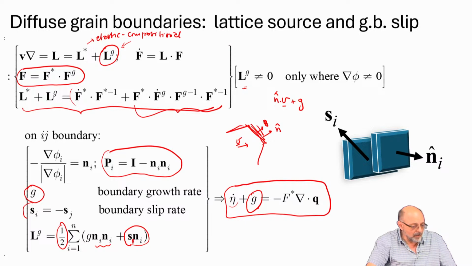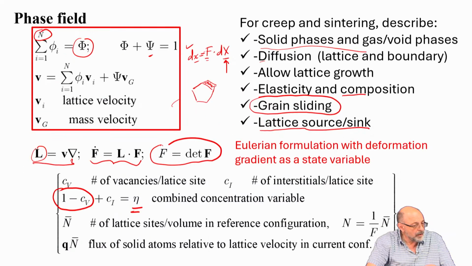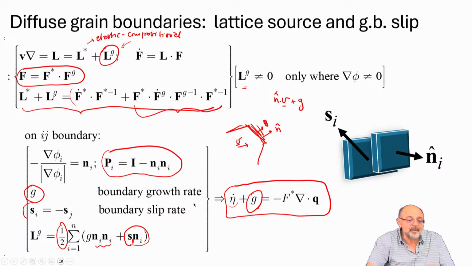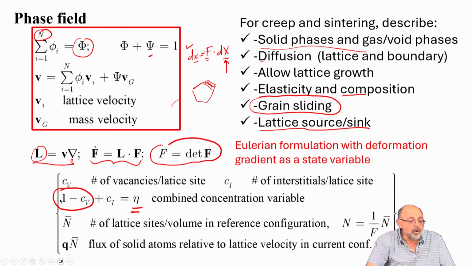Eta dot is the rate of change of eta, the rate of change of the concentration. Yes. So this eta dot, if you think of diffusion of vacancies, eta dot is just minus the concentration of vacancies, dot, the time derivative.